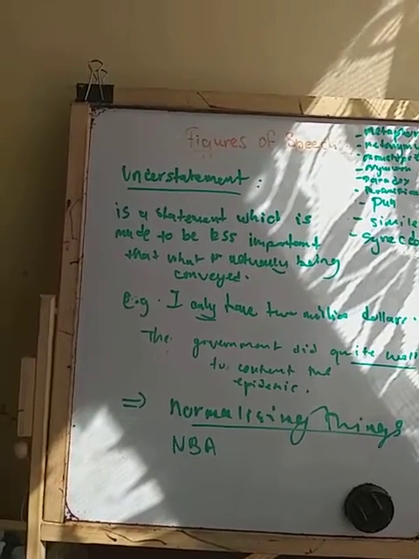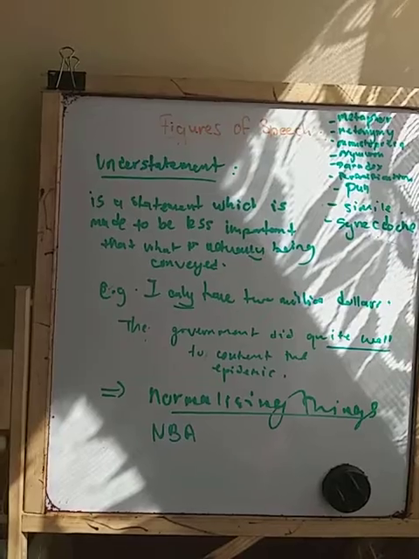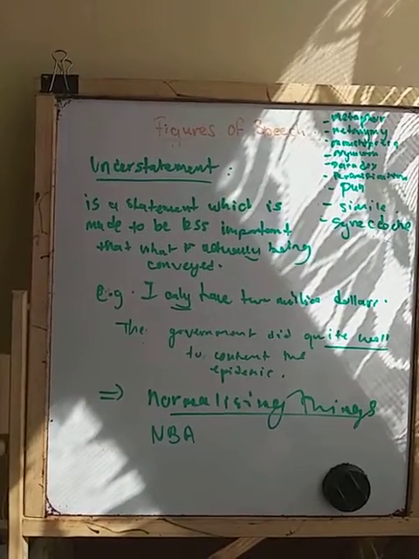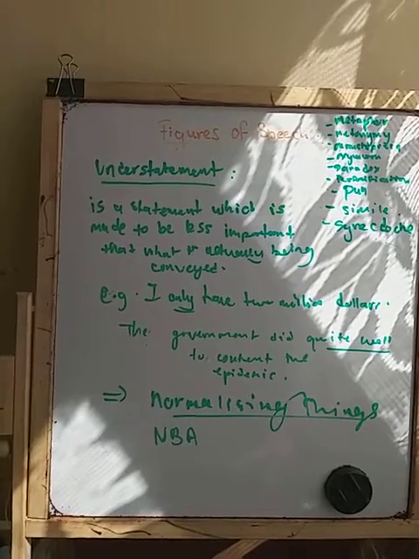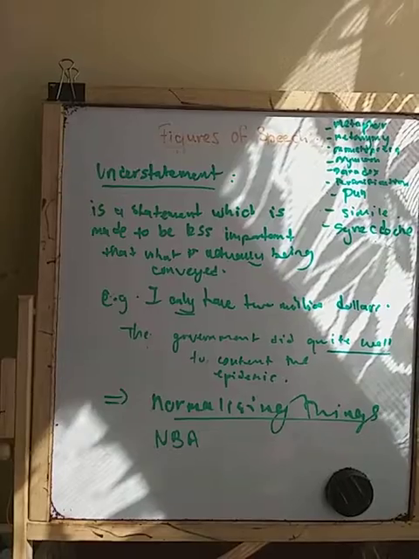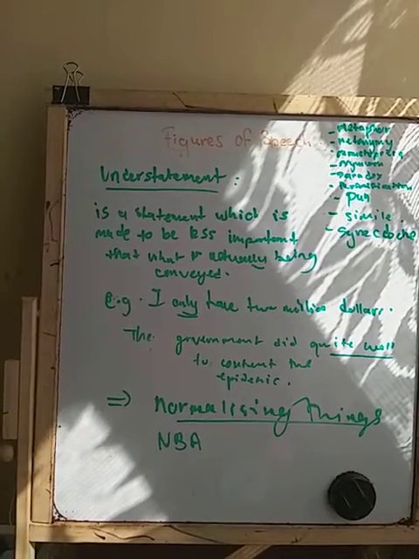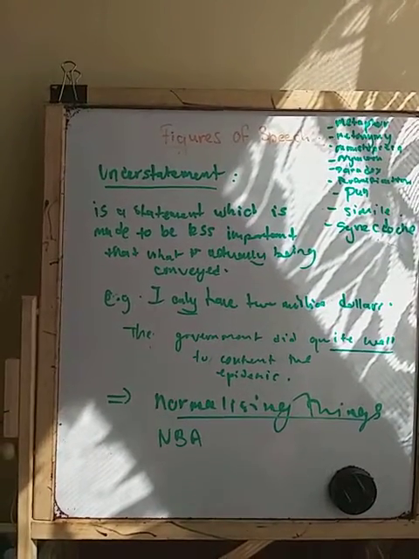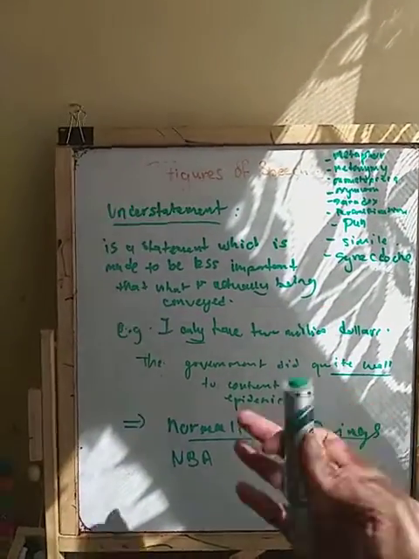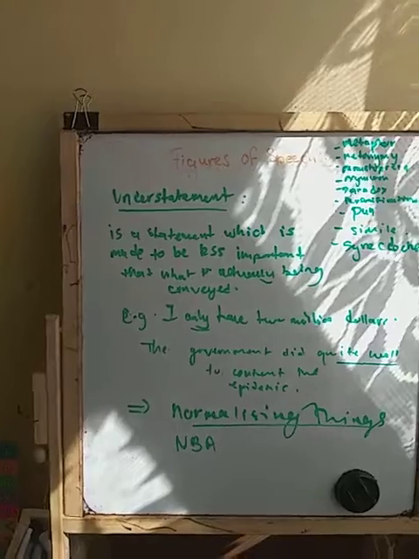So he's very good, and that's an understatement. Now he doesn't want to normalize things or reduce the amplitude of things. He wants to have the opposite effect by saying, and this is an understatement. So that's the beauty of figures of speech, and that's the beauty of language.